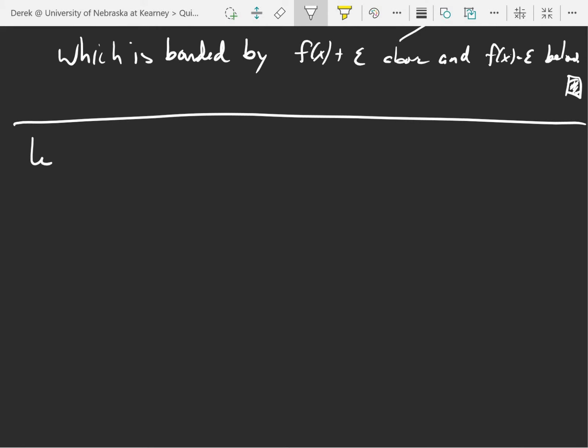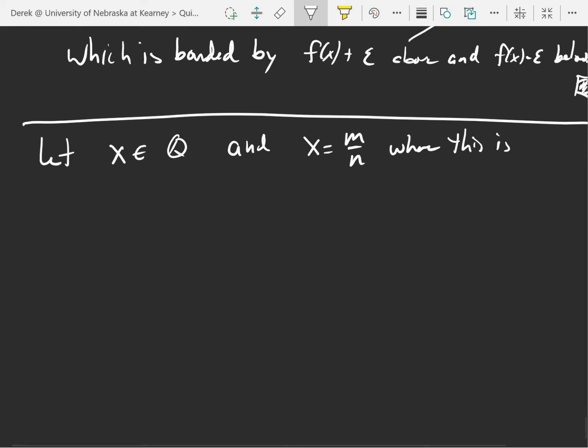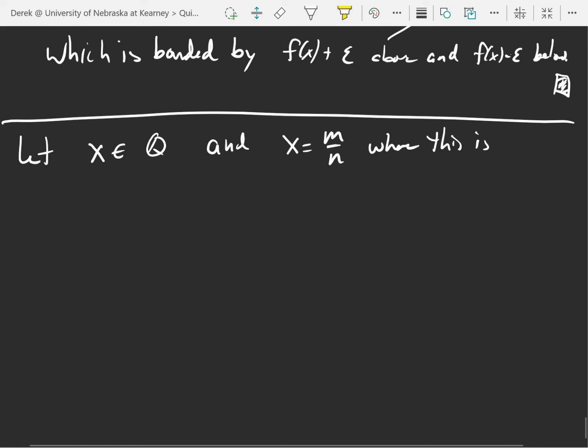So let x be a rational number, and for sake of notation we're going to say x equals m over n, where this is reduced. It is simplified as far as possible.